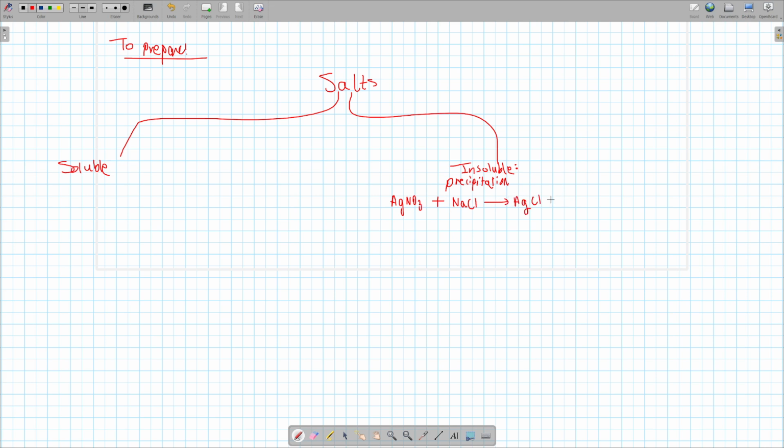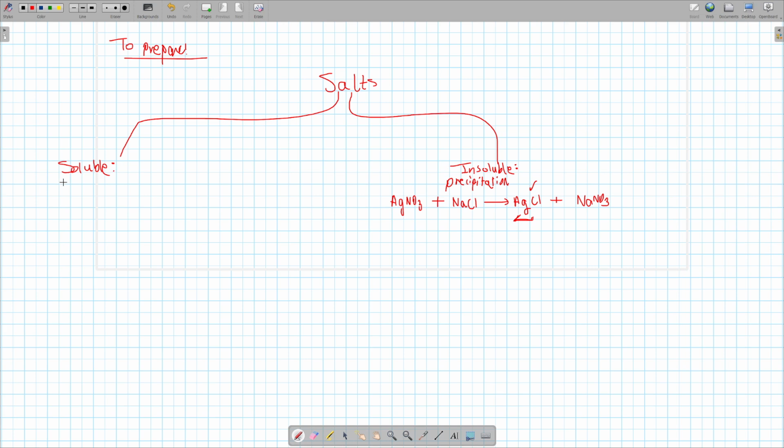I don't care about the NO3, what I care about here is the AgCl. You know AgCl is a white precipitate that doesn't dissolve, right? So this is an example of a precipitation reaction, when you mix two aqueous compounds together to form an insoluble salt.